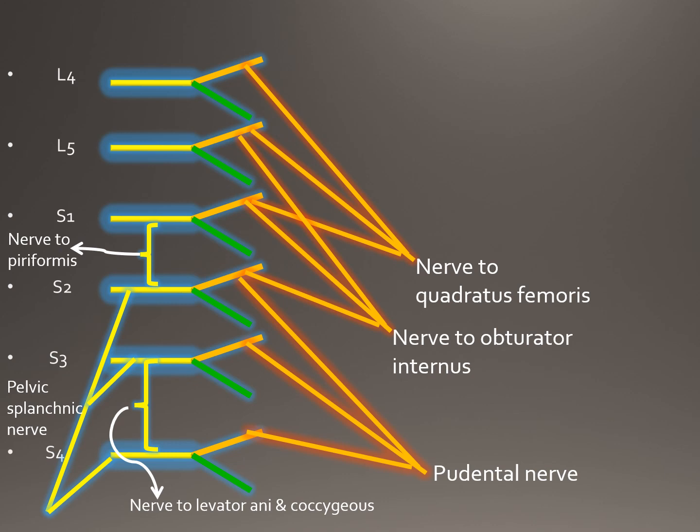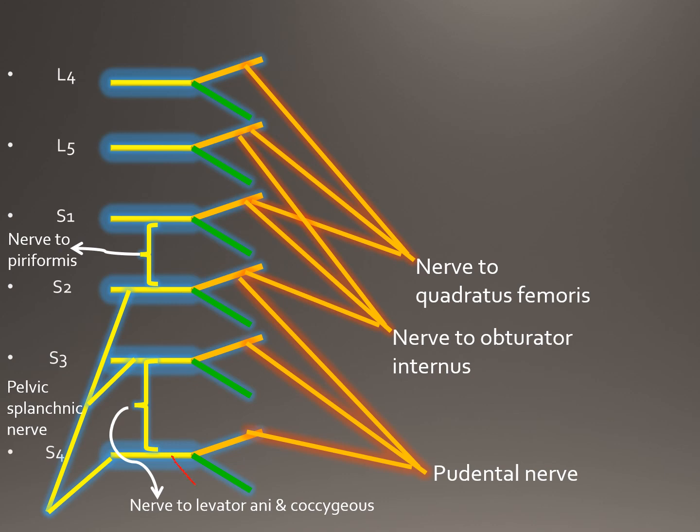Now, branches of the sacral plexus. Totally 12 branches arise from the sacral plexus. Five sets of nerves mainly supply the pelvic surface: nerve to piriformis, pelvic splanchnic nerve, nerve to levator ani and coccygeus, pudendal nerve, and the perineal branch from S4.